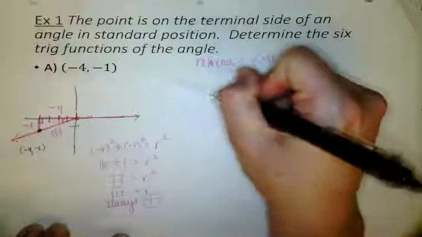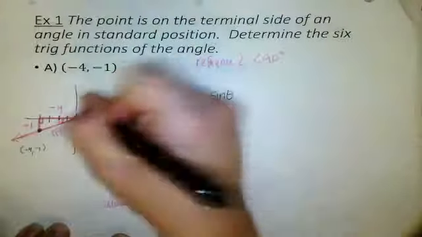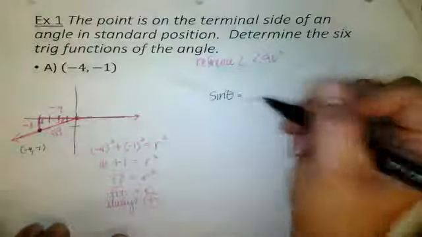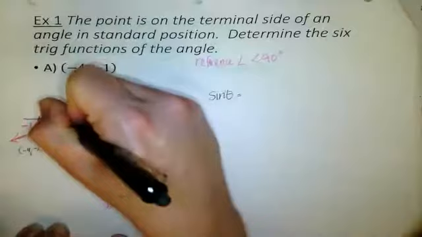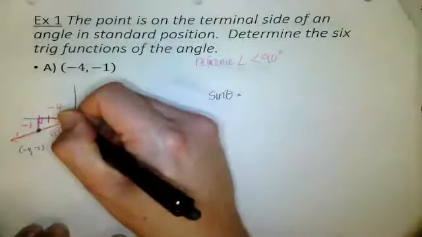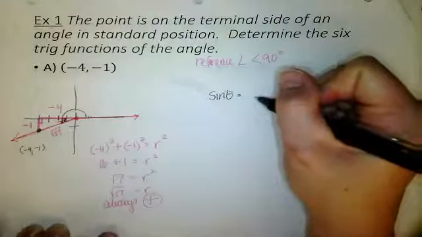So sine of our, do I know how big this angle is, theta? No, I don't really know. It's very large. Larger than 180 degrees because it went from all the way around here to here. But we still get to use this little reference triangle we created to help us figure that out.